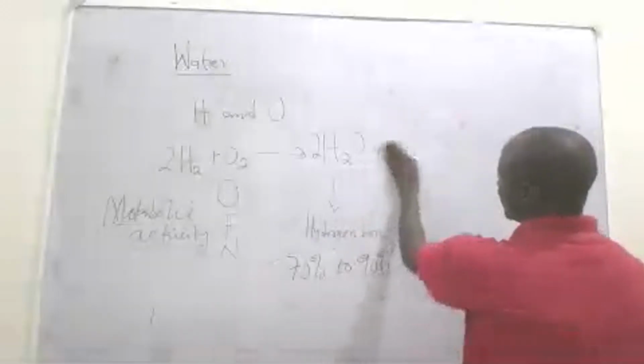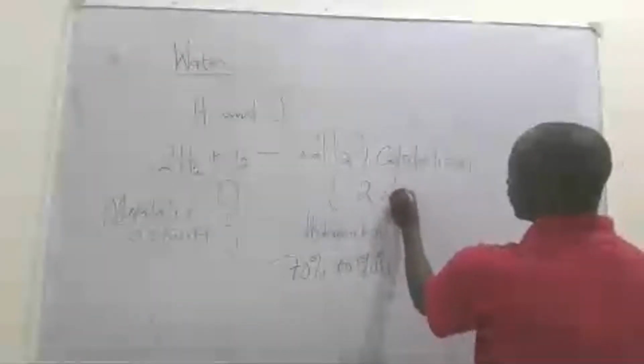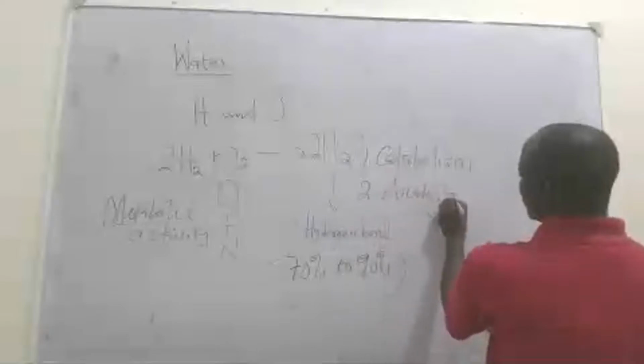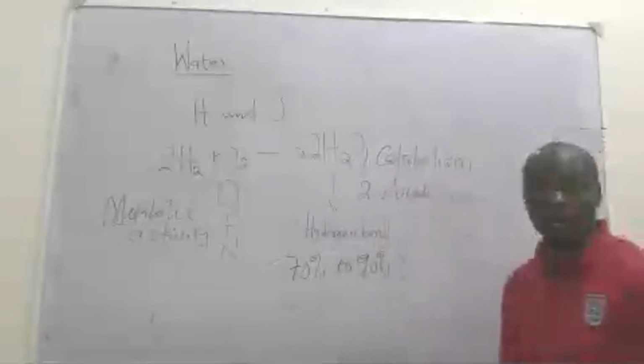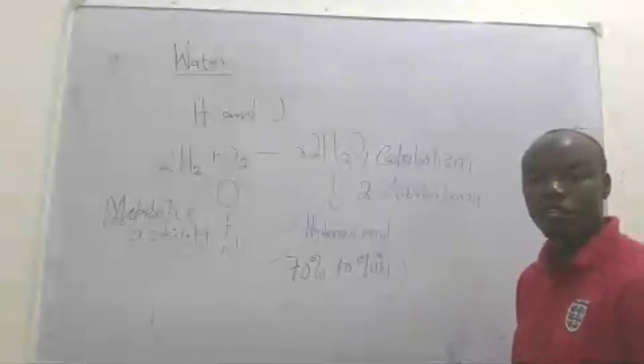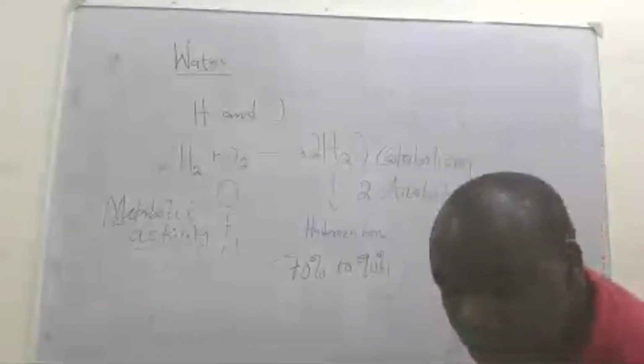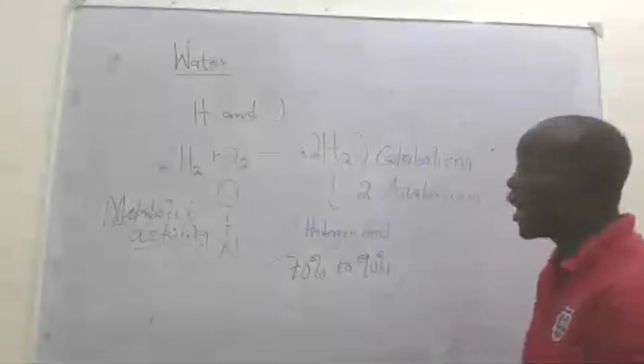Number one, we have catabolism. Number two, we have anabolism. And then we also have amphibolism.